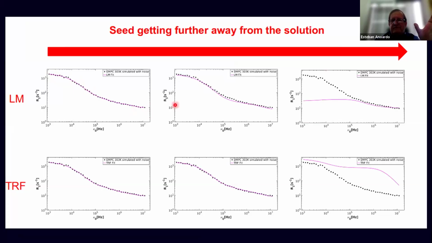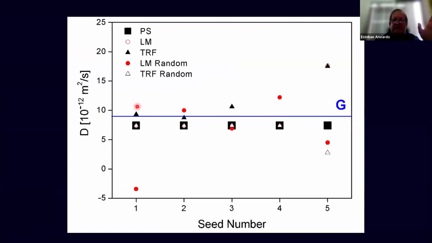Here, this is showing that as the seed you use goes outside the solution, you reach a point where the method fails. But it may also happen that even when the fitting works quite well, you do not reproduce the generator well. This is something like what was shown in the previous picture.